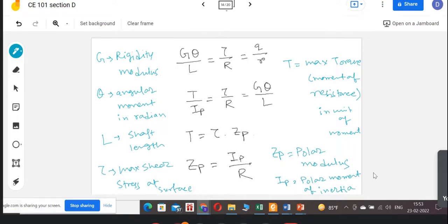That makes the difference. So please rewrite all the expressions, because we are going to solve a couple of numerical problems now, and all these will be useful. Can I go to the next slide, or will it take some time?